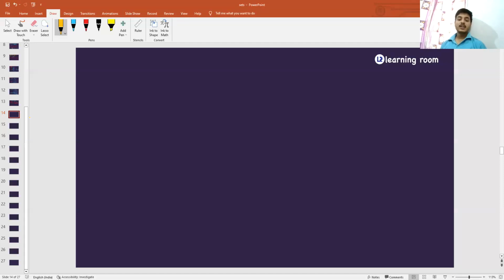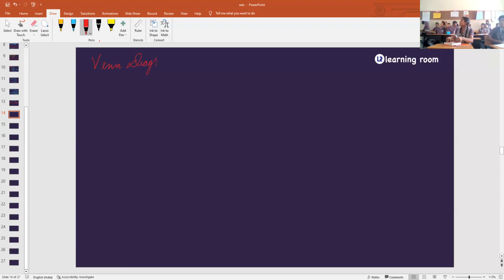Then we'll be doing the important questions related to this chapter, and the rest of the concepts that we'll be completing for this particular chapter. So we'll be starting today with Venn diagrams.